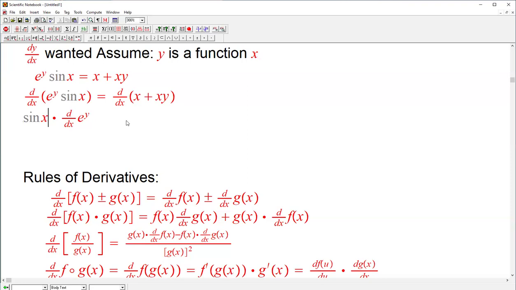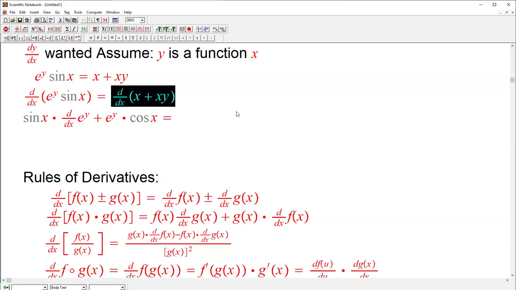Plus, I'm going to keep the e to the power y, and then differentiate sine x. The derivative of sine x is just cosine x, we can just put it there. And we'll come back to deal with this part with the chain rule.